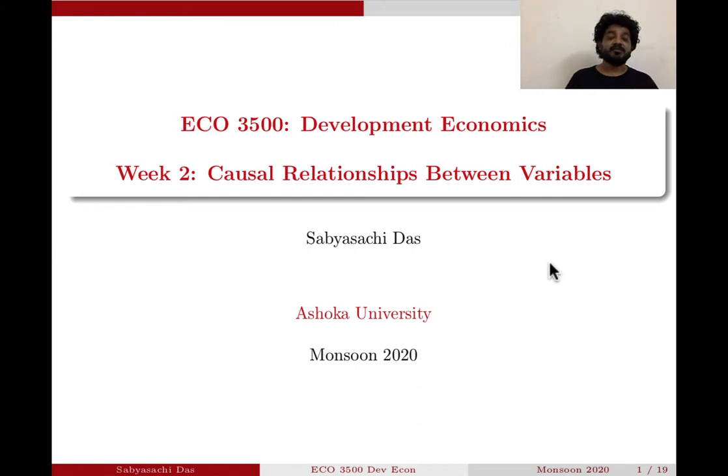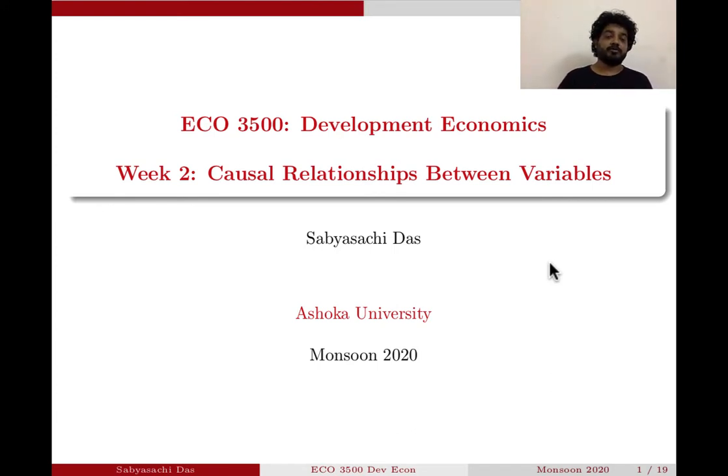In the previous week we talked about how to broadly conceptualize development in its multidimensional nature, and also how to think about poverty as a multidimensional concept sitting at the core of understanding development.